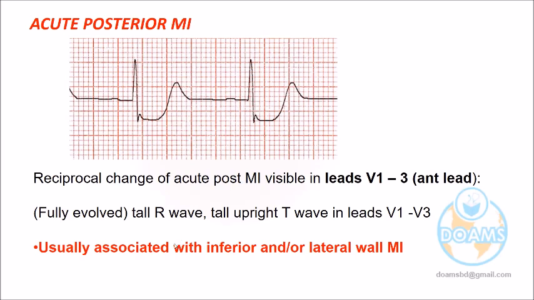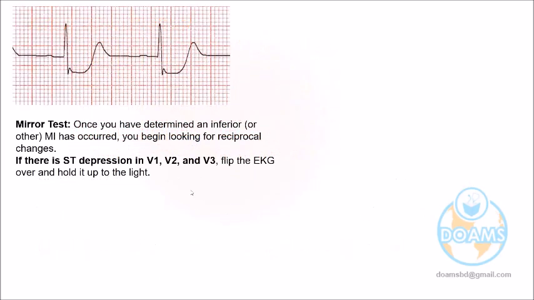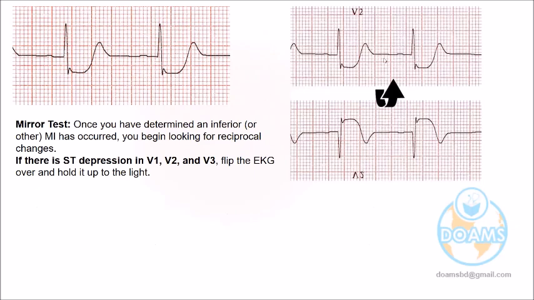Right? Everybody now be with me. If I show the same ECG, it is called the mirror test. Mirror test means just reverse this one. How does it look? Same, right? The same ECG, we just made it upside down. This is the mirror effect.